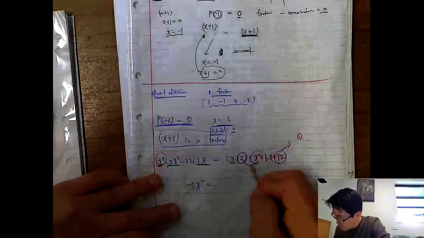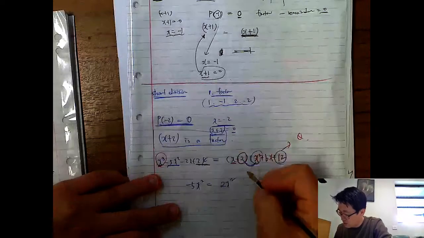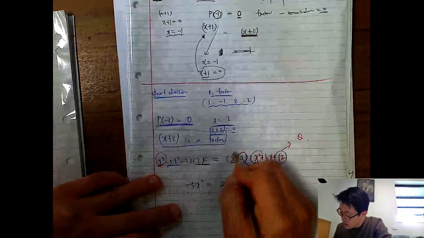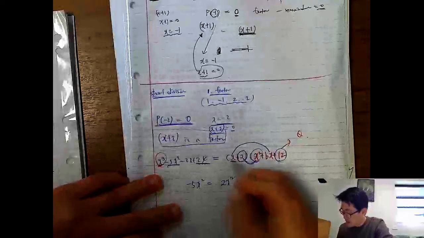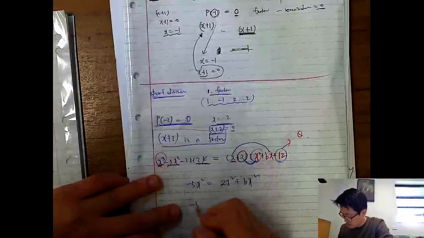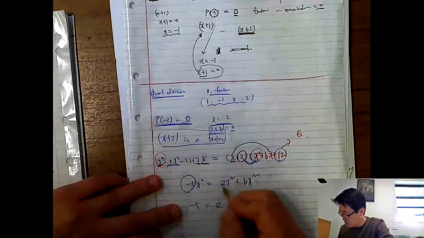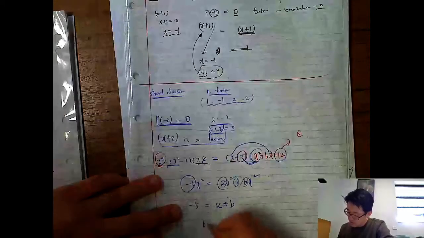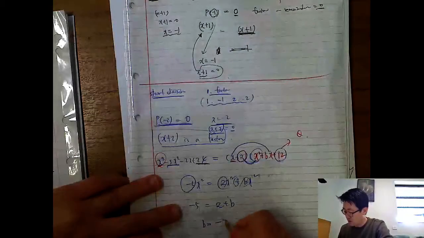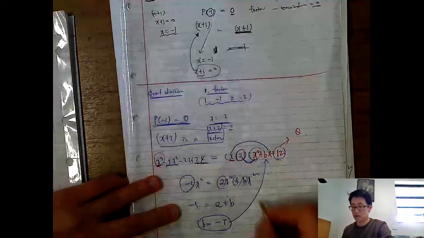The number times 2x squared, and obviously one more thing there, x times bx, so bx squared. So minus 5 equals 2 plus b. b equals minus 7. So that has to be minus 7.